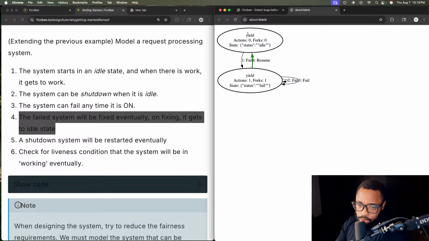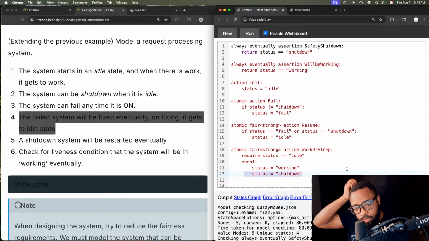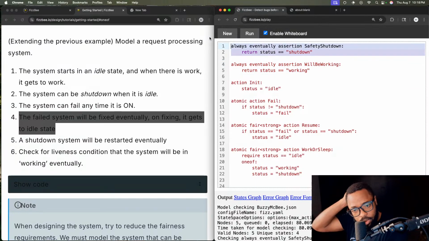From idle to fail. Instead of idle to fail, it will be idle to... You can just choose one of them and never hit the other one. But okay, let's say that that's true. Let's say it only hits working and it never hits shutdown. Then this will be satisfied, right? But can we also satisfy shutdown at that point?